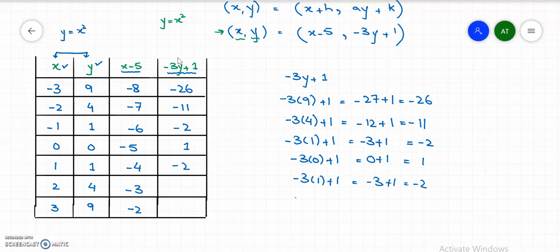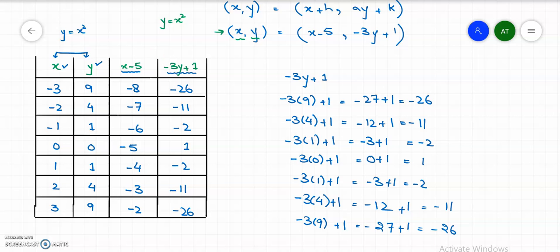When y is 4, -3 times 4 plus 1 is -12 plus 1, that makes -11. And the last y value is 9, so -3 times 9 plus 1 is -27 plus 1, which equals -26. So we have done the table.